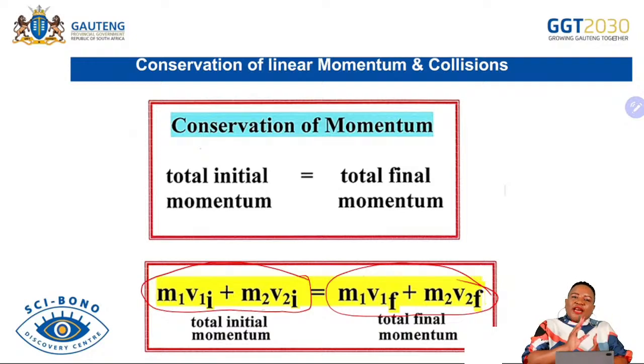At least you give direction to the person that is marking your script to say, this is the mass of the first object, this is the velocity of the first object, plus the mass of the second object.